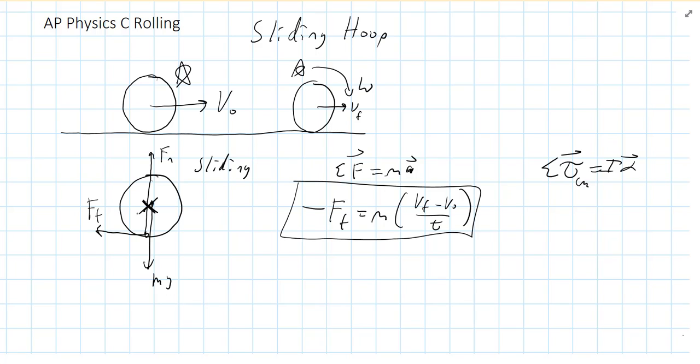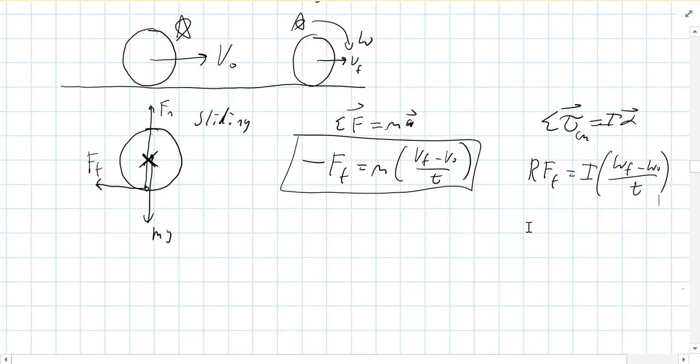Friction does cause torque, and the equation for that is R cross F. So it's R times the force of friction equals I, and alpha is omega final minus omega naught over time. Next, we're going to write omega final and omega naught in terms of velocity. You have to be careful when you do this.